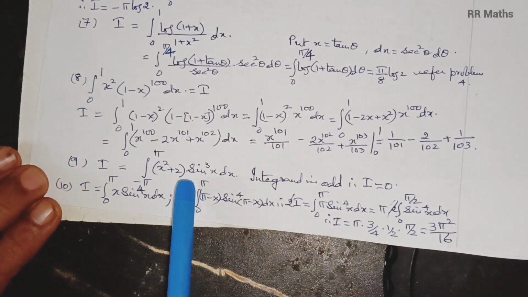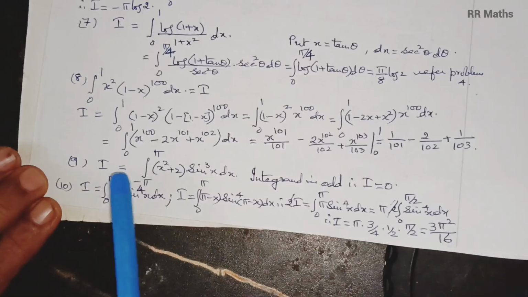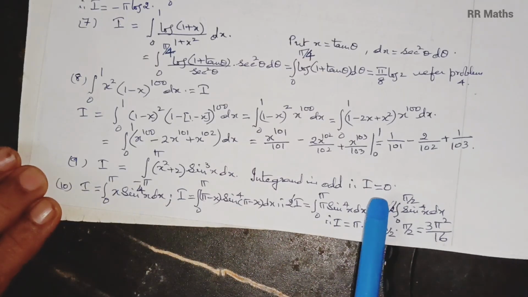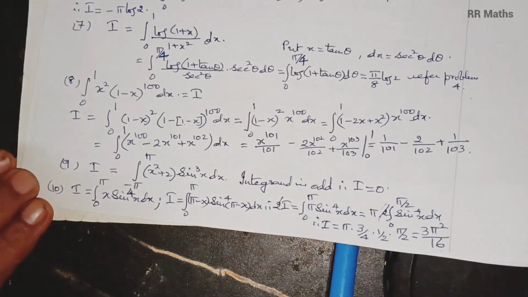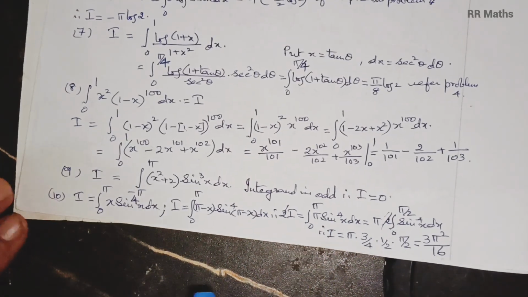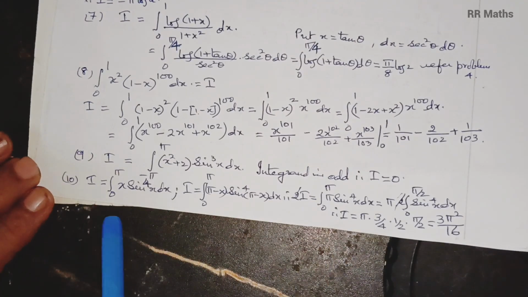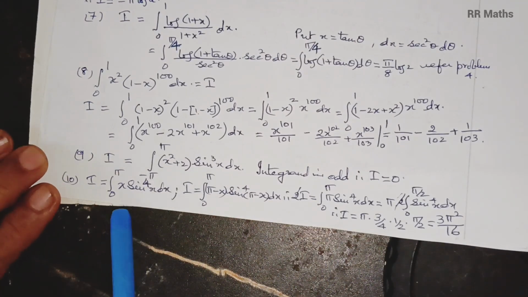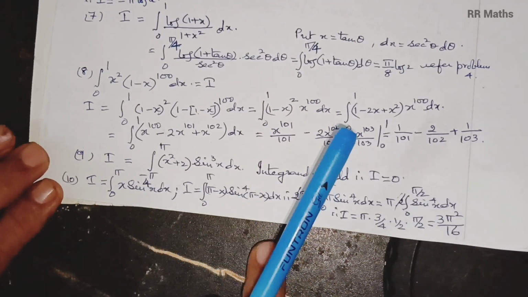In this case, the integrand is an odd function, and therefore the value of this integral will be 0. You just write your answer is going to be 0 since the integrand is odd, and you get your full 2 marks.